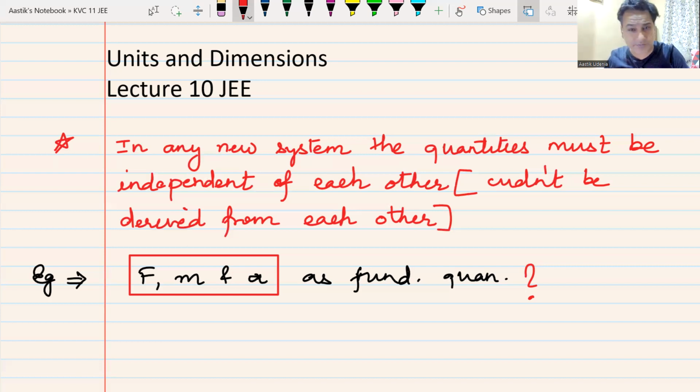Is this system possible? If I create a system like this, I have force, mass, and acceleration as my fundamental quantities. There are only 2 answers. Either it's a yes or it's a no. Tell me.